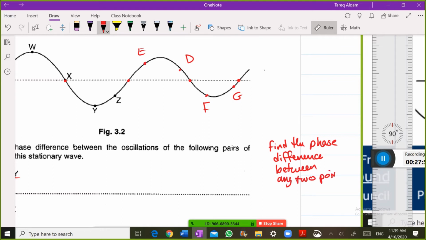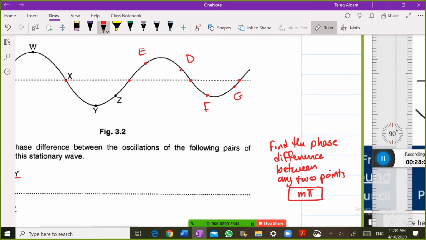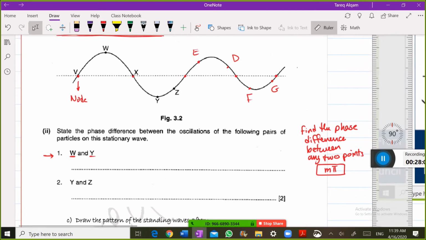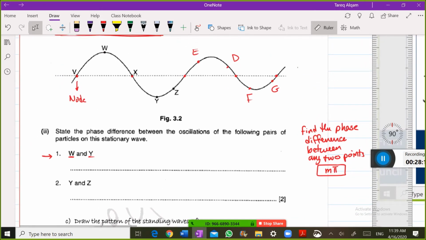What is m? It's the number of nodes between these 2 points. Pay attention. Number of nodes between these 2 points. If I consider W and Y, here we have one node between them.